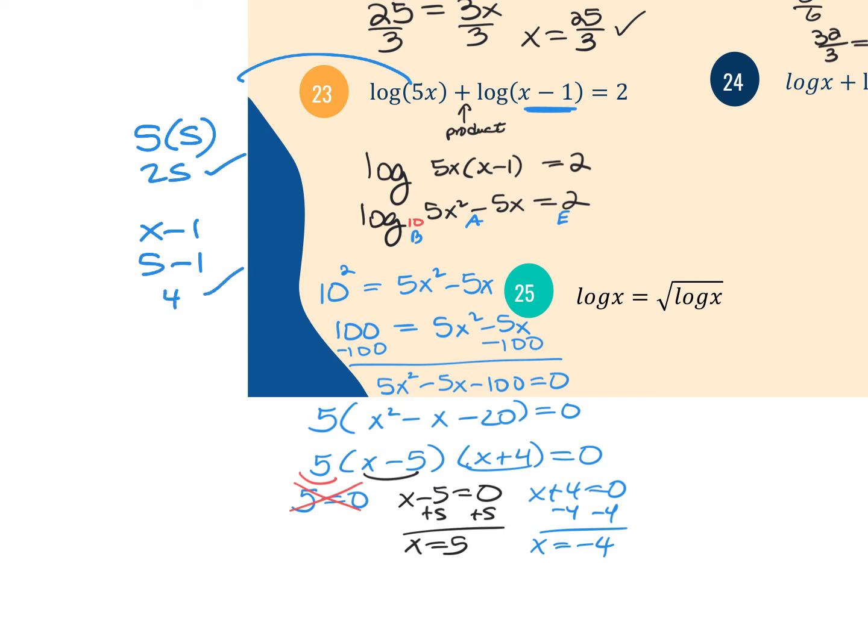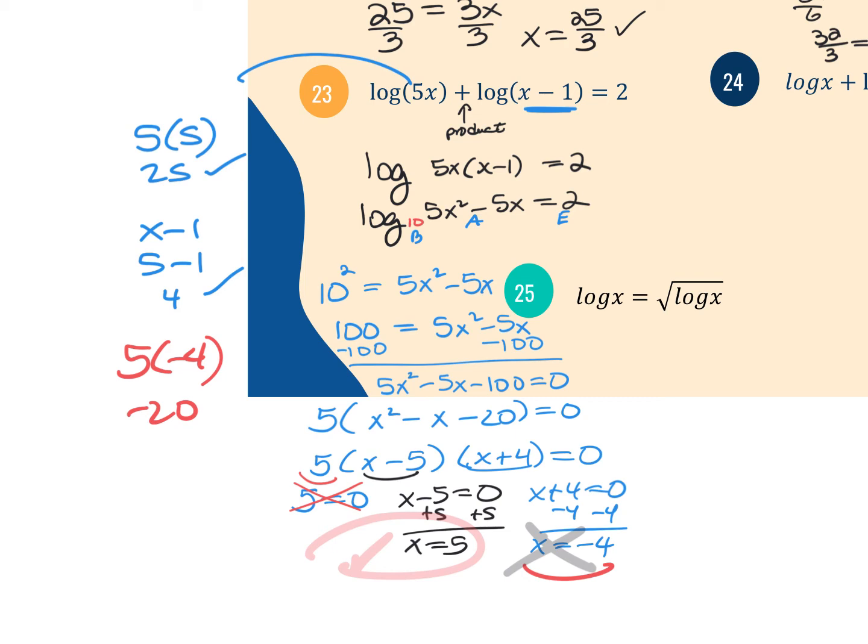But as soon as I plug in this negative 4 into the first one, 5 times negative 4 gives me negative 20. So this makes this one no good because it would make the number that I'm trying to find the log of negative, so I get rid of that answer. So the only answer here I want to keep is x equals 5.